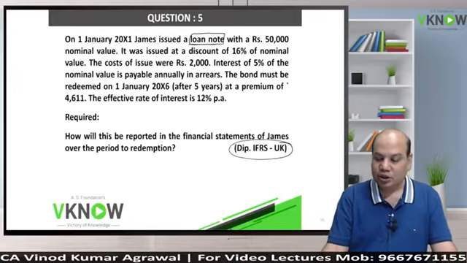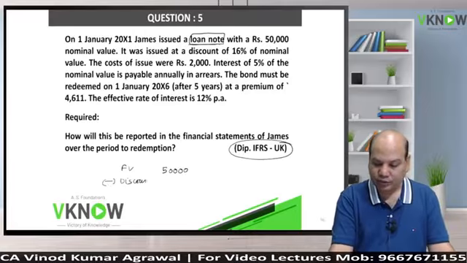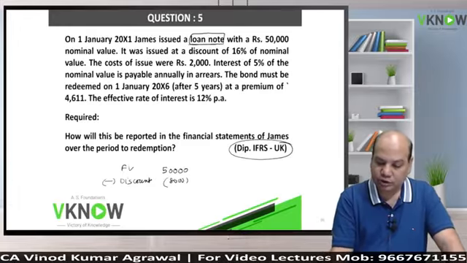It was issued at a discount of 50,000. So first of all, the face value is 50,000, but you have already given a discount of 16%. How much is that? 8,000. The cost of issue expense is 2,000.